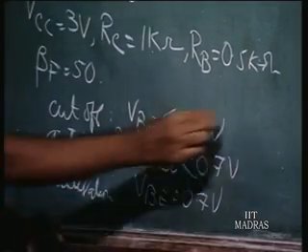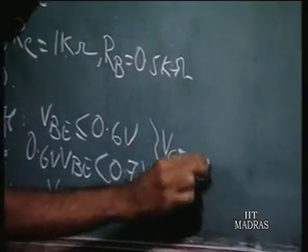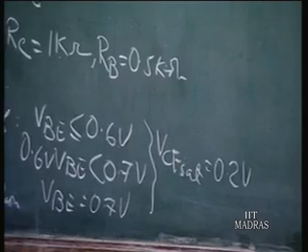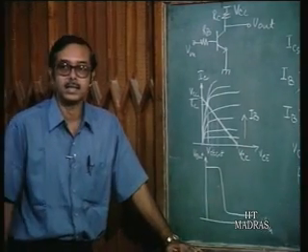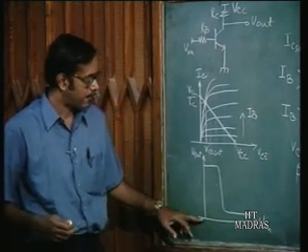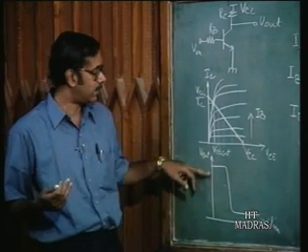And also let us assume that VCE sat is equal to 0.2 volts. With this data we can actually find out the different points in this characteristic. Now, when V in is 0 volts, what is the value of V out?